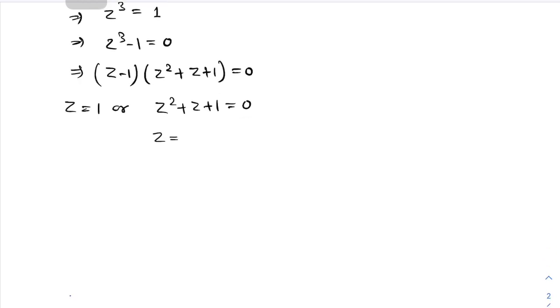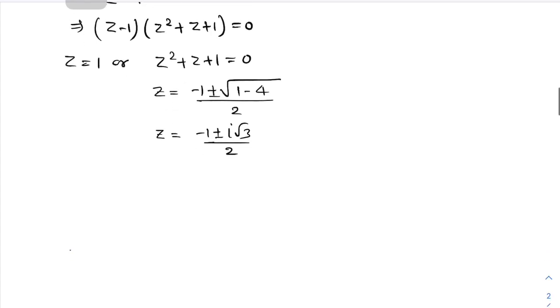By applying the quadratic formula, z equals minus b plus minus root of b square minus 4ac, divided by 2, that is z equal to -1 plus minus root of -3, which is iota root 3, divided by 2. By considering the positive sign, one z we get is -1 plus iota root 3 by 2, and by considering the negative sign we get -1 minus iota root 3 by 2.